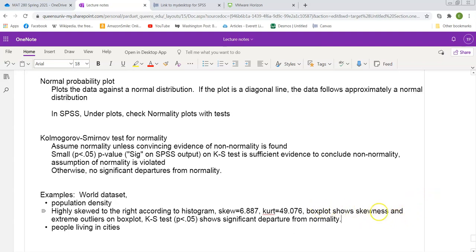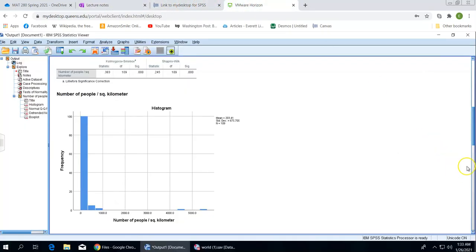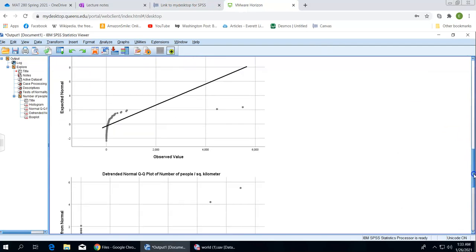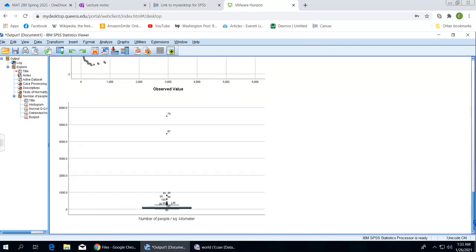The box plot reinforces the skewness and shows several extreme outliers on the high side. And you can even specify what those are.